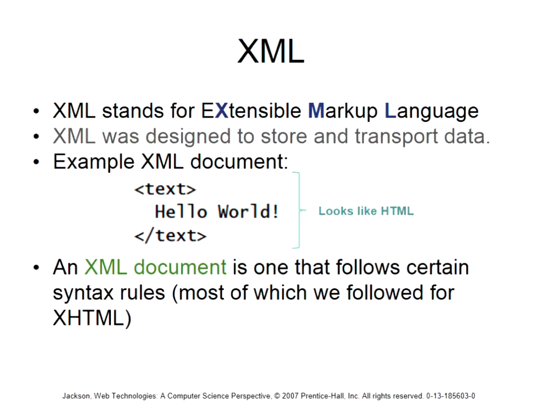So in this example, the text is hello world. Okay? And text with less and greater than. This is what? It is a tag. Yes, very good. It is a markup language.